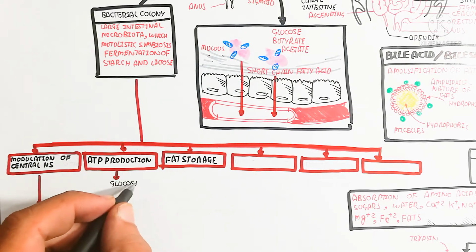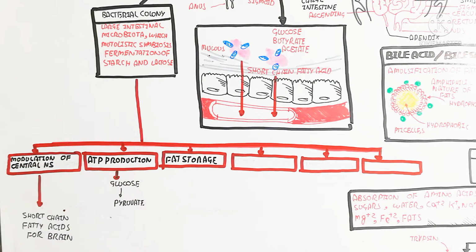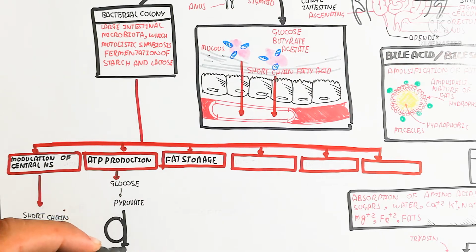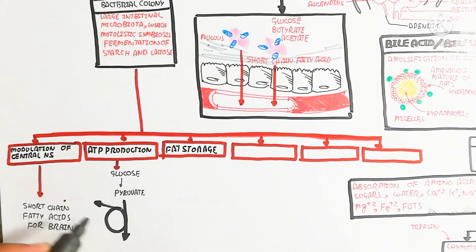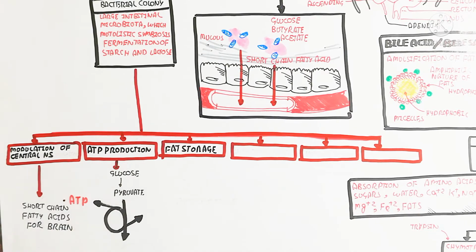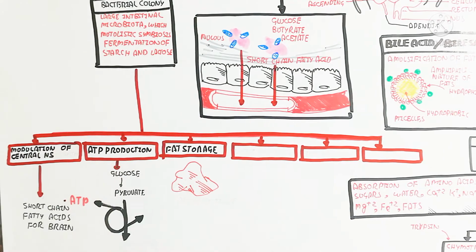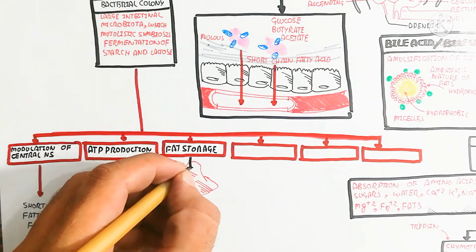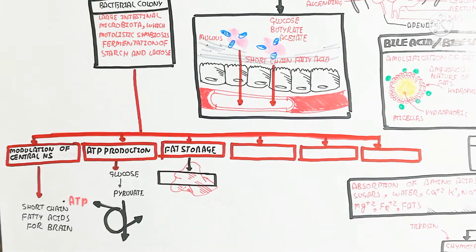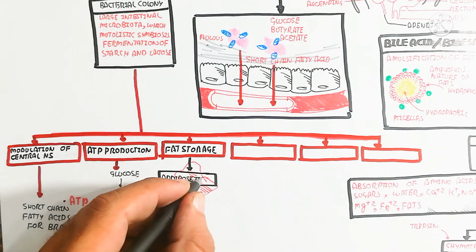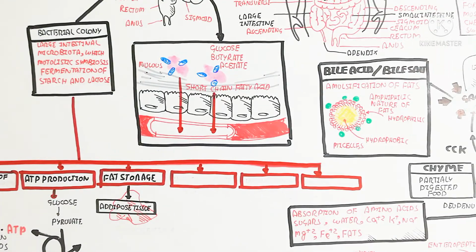Because the glucose is converted into pyruvate inside the cell, which is an efficient way to increase the glucose level in our blood. The fat storage is also due to the microbiota, because butyrate and acetate are short chain fatty acids that are deposited into the adipose tissue.